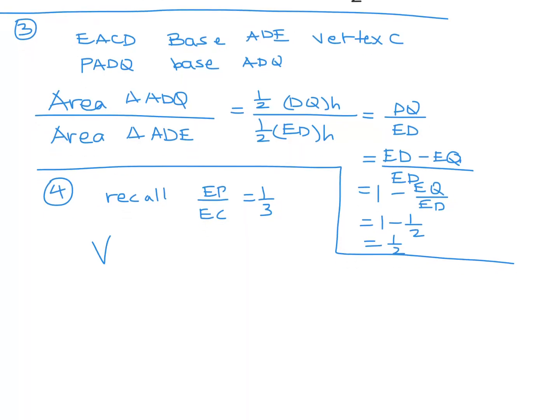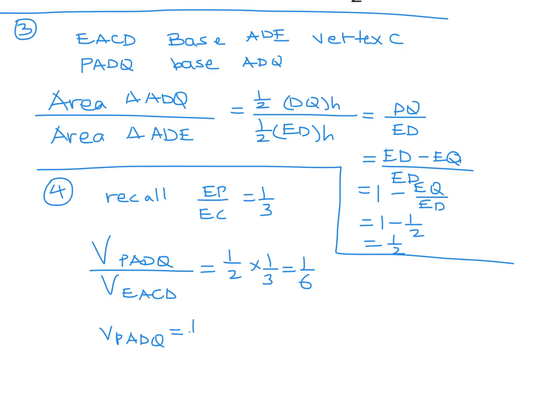Then the volume of PADQ over the volume of EACD is 1/2 times 1/3, which is 1/6. And then VPADQ would therefore be 1/6 times 14, which would make it 7 over 3.